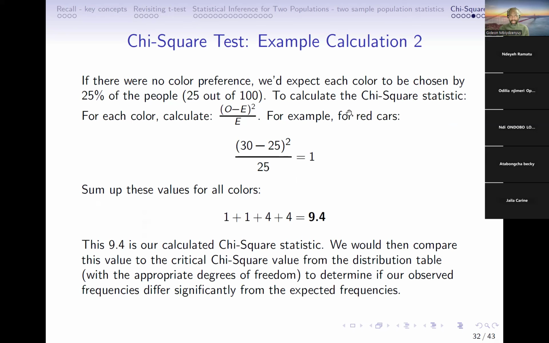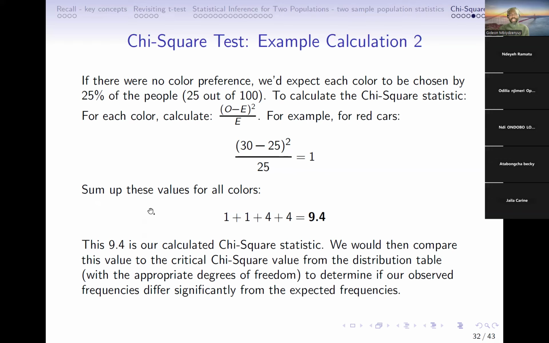We calculate the chi-square statistic for what we collected. So for each color, we will calculate the difference between the expected value and the observed value, and then we divide that by the expected value. For example, for the first case, we have 30 minus 25, all of that squared, divided by 25, and we have a 1.